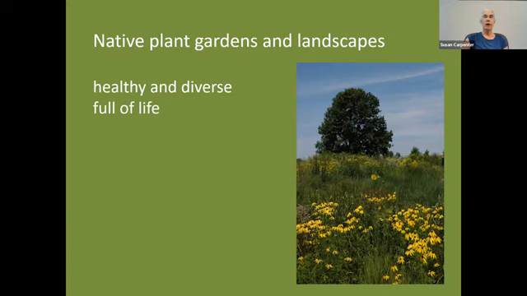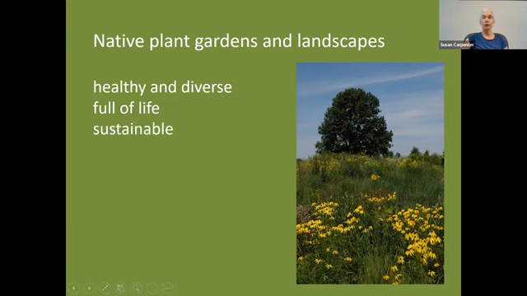These gardens are full of life, so they have lots and lots of different organisms besides the plants. We have soil organisms, insects, pollinators, of course, small mammals, and birds, and this kind of garden fosters that type of life.